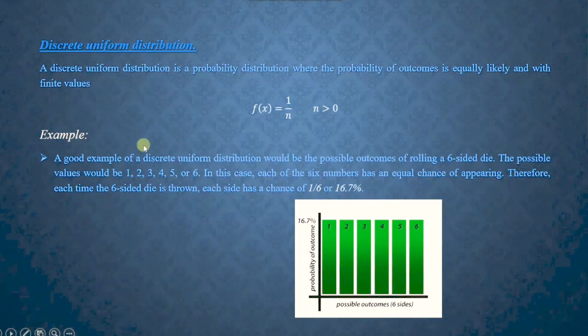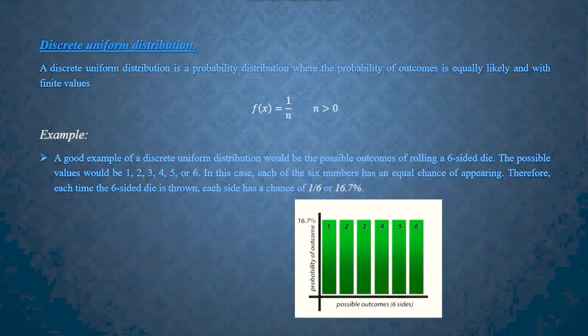A good example of discrete uniform distribution would be the possible outcome of rolling a six-sided die. The possible values would be 1, 2, 3, 4, 5 or 6. In this case, each of the 6 members has an equal chance of appearing.